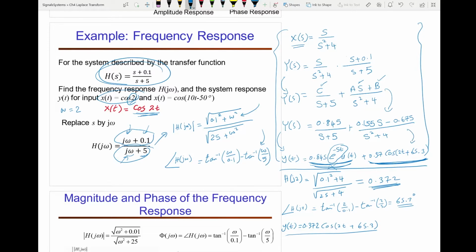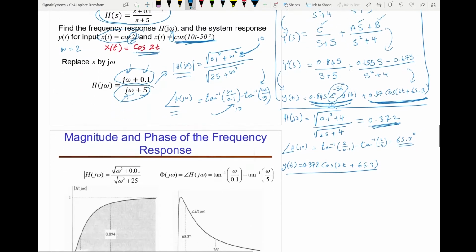And if you are given an input sinusoid of frequency 10, the same process. You plug in omega 10 here and omega 10 here, and you find the magnitude and you find the phase, and the output will be exactly this times some magnification or attenuation plus some phase shift.